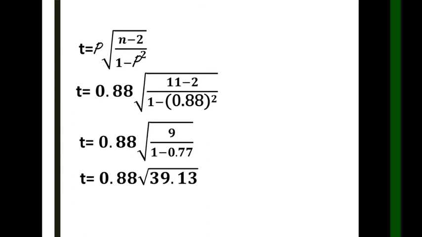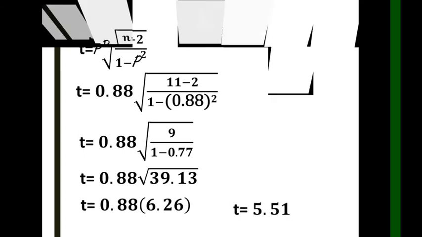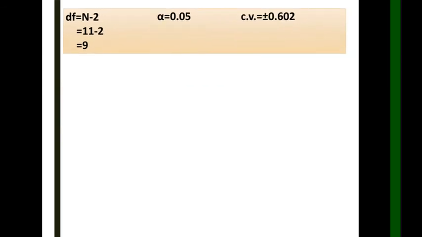Just round off your answer to the nearest hundredths. But if you are using a scientific calculator, you can continue computing it without rounding off. Now, get the square root of 39.13 and you will get 6.26. Multiply it to 0.88 and you will get 5.51. Alright, now our df is n minus 2, 11 minus 2 is 9.